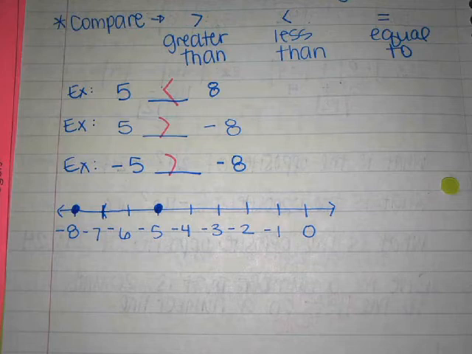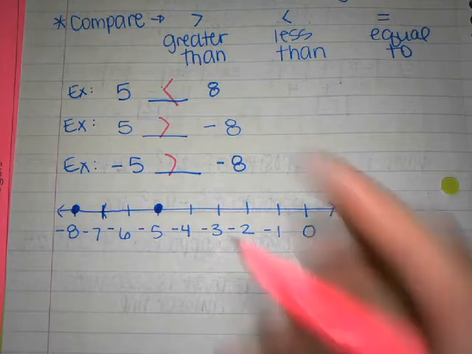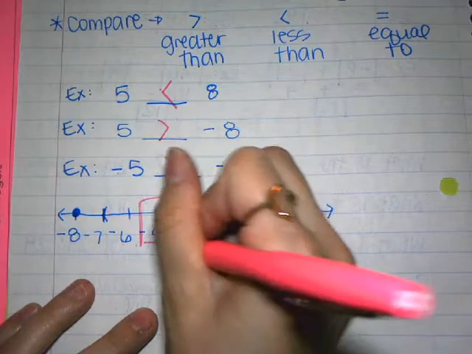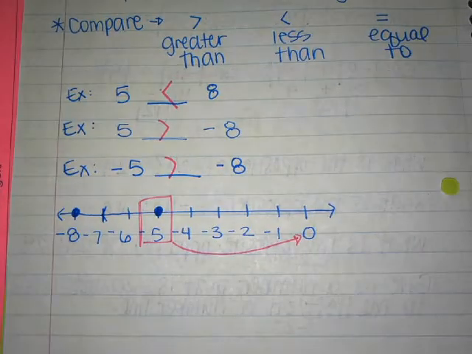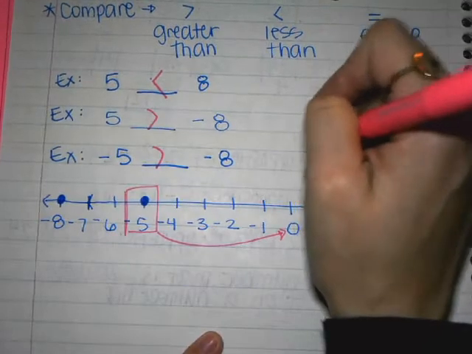So do you guys see what I mean when we draw out that number line? Negative 5 is closer to 0 on the number line. So negative 5 is the larger number. Does that make sense to everyone? Yeah.